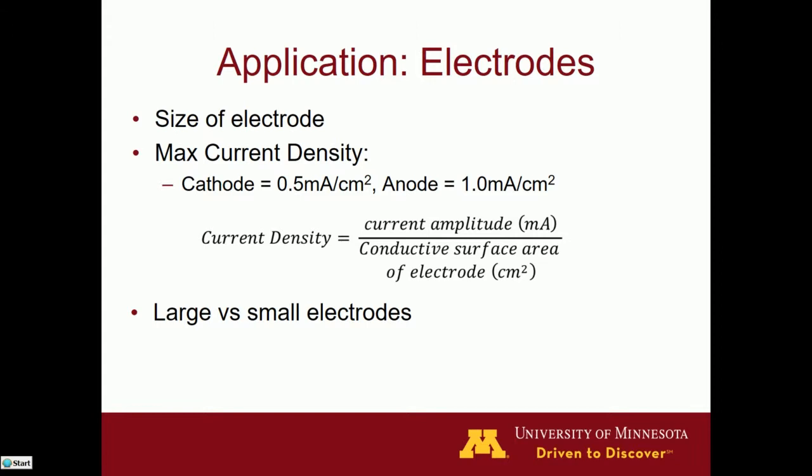It is recommended that the current density at the cathode be 0.5 milliamps per centimeter squared, and at the anode, 1 milliamp per centimeter squared. Basically, you should use a larger electrode for a negatively charged ion and a smaller electrode for a positively charged ion to make it more comfortable for the patient and decrease your risk of skin irritation.